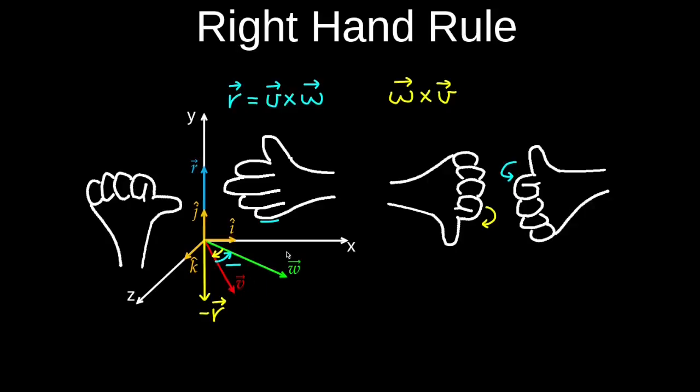So therefore the cross product is not commutative. And try to visualize the cross product between j and k by following the same procedure, where you curl your fingers from j to k, as indicated by this picture of your right hand, where the resulting vector points in the direction of i.